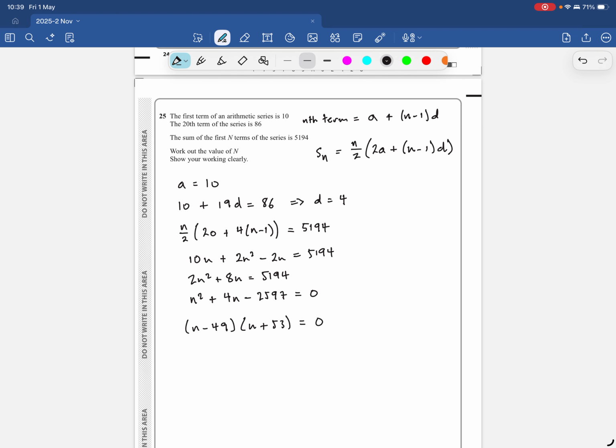Alternatively, there's a mark for showing the substitution into the quadratic formula, or there's a mark for showing the thing in completed square form, which is n plus 2 squared minus whatever it is, 3001 or something along those lines, I think.